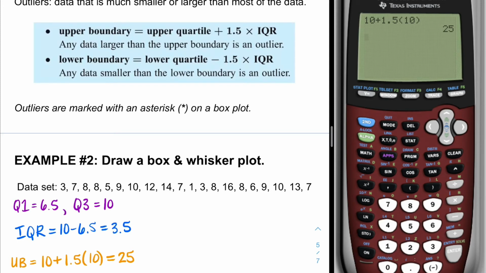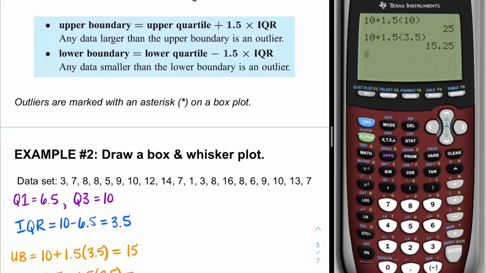Your lower bound is your lower quartile, which is 6.5, and you're going to subtract 1.5 times your IQR. Ooh, excuse me, I made a mistake right there. That should have been 3.5, because your IQR is 3.5. That should be 3.5 here too. So I'm going to change this back to 3.5.